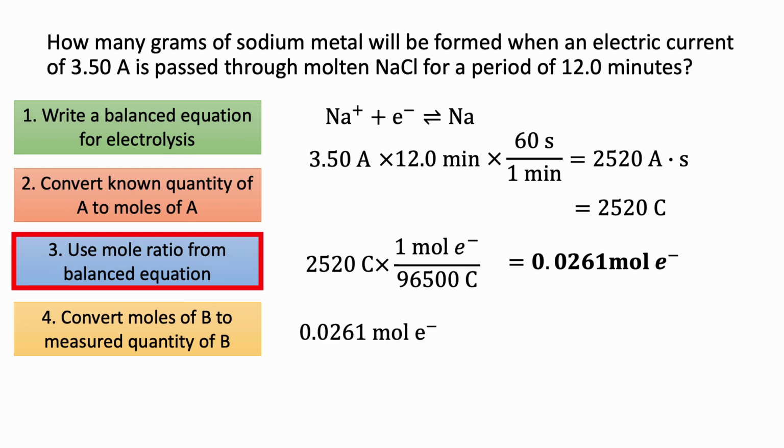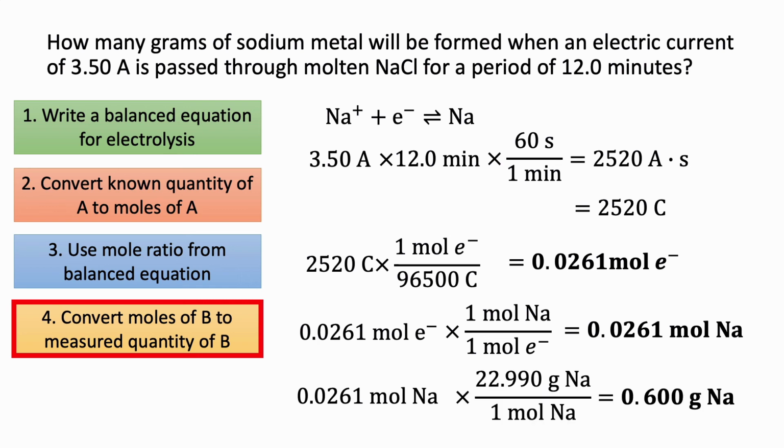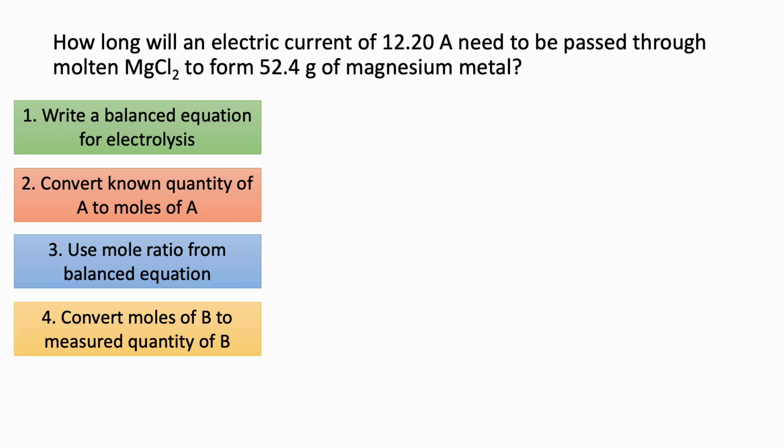We have a 1-to-1 ratio, 1 mole of sodium from every mole of electrons that flows through. So then we have 0.0261 moles of sodium, but we aren't asked how many moles of sodium we make, we're asked how many grams. So let's convert our moles of sodium to grams of sodium. To do that, we're just going to use the molar mass, and that gives us 0.600 grams of sodium.